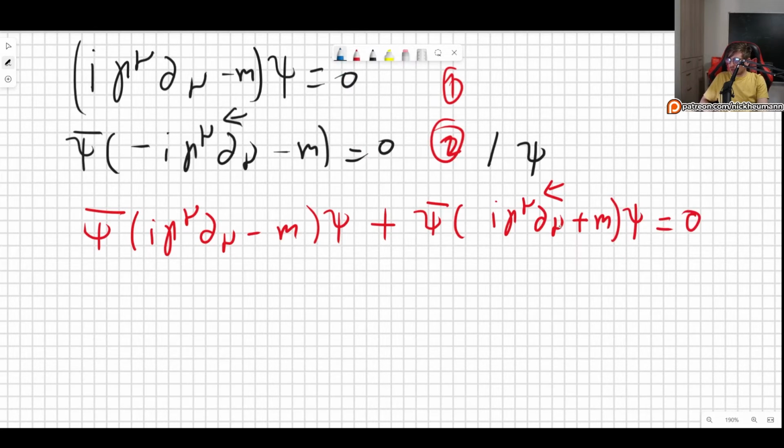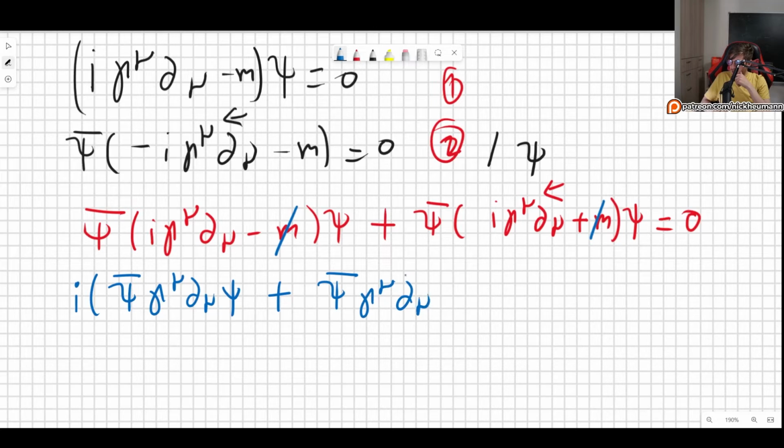Now we can see that the masses will simply cancel out, and we can factor out an i, so we get ψ† γ^μ ∂_μ ψ plus ψ† γ^μ ∂_μ acting on the left ψ. So this is not acting on ψ, this is acting on the Hermitian adjoint, ψ-bar. Of course, we can drop the i, since it's not going to be 0, so don't worry.